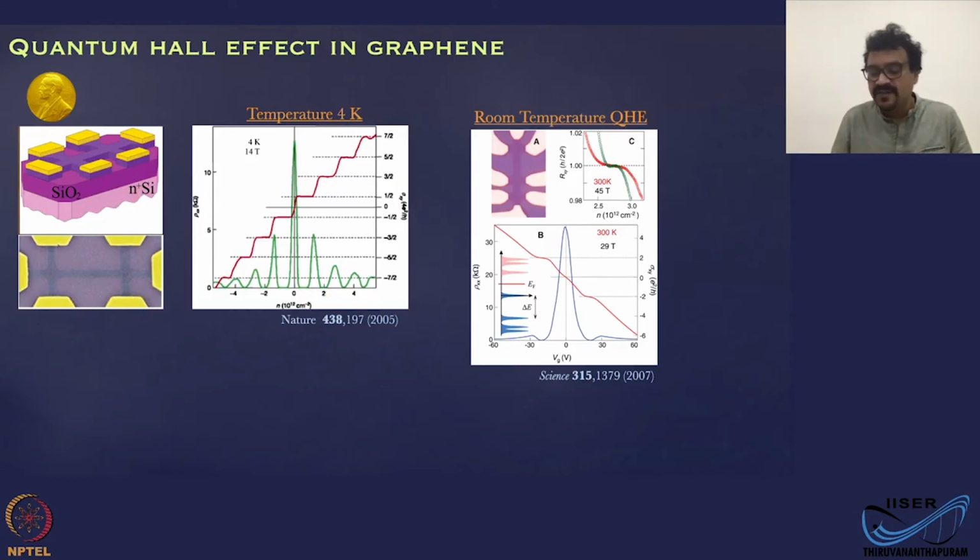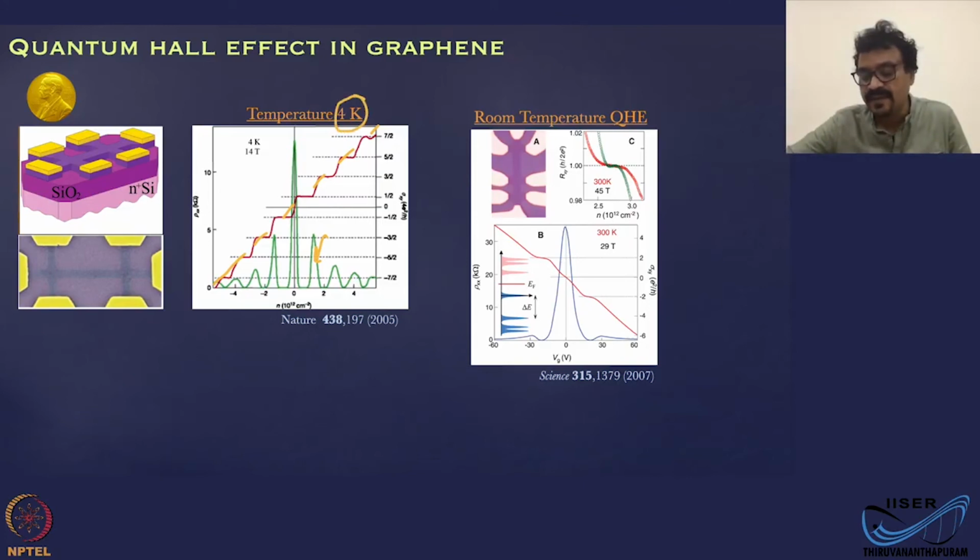Okay, when this experiment was done, they also observed a step-like feature as opposed to a straight line in the Hall effect. And of course, they also observed oscillation in the Rxx, that is the green curve here. This experiment was done at 4 Kelvin.